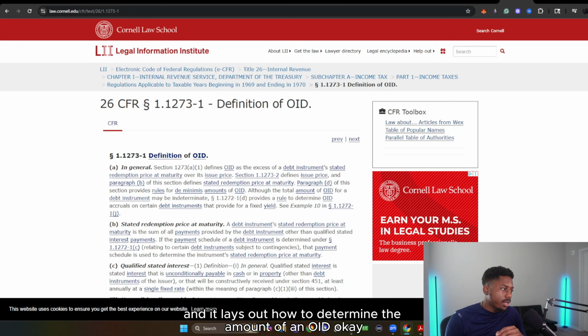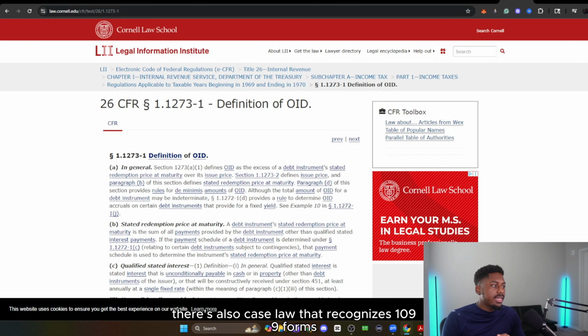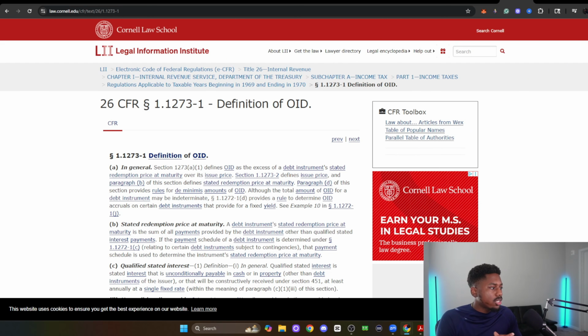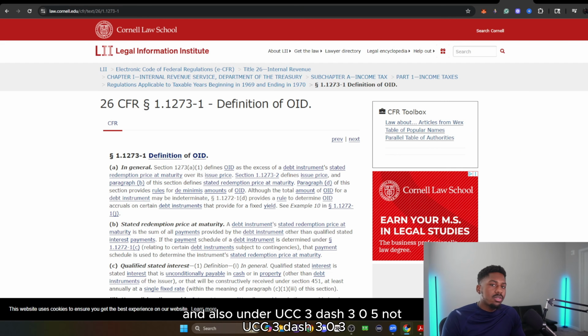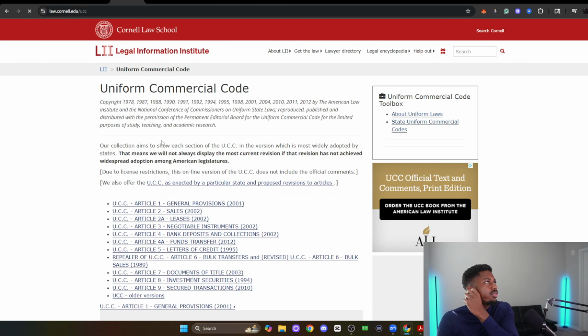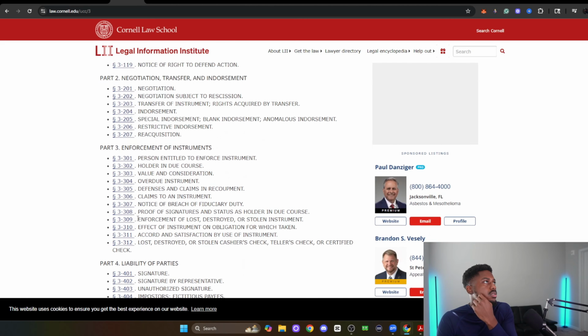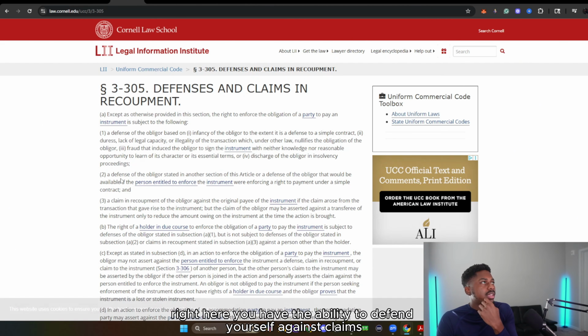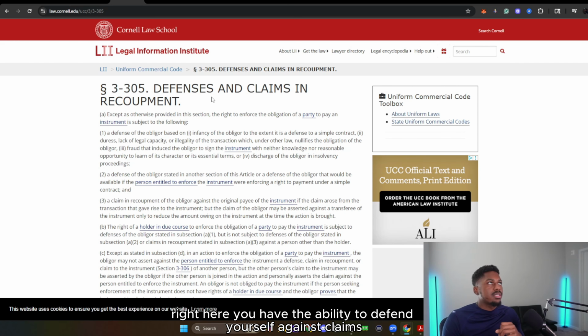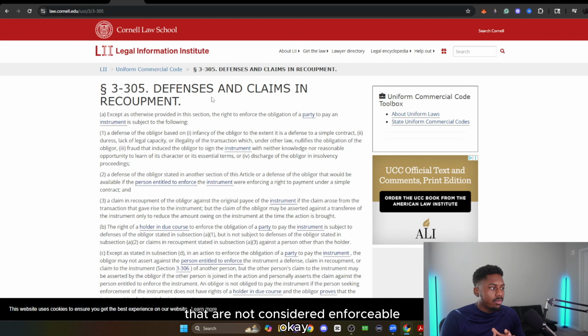OID. There's also case law that recognizes 1099 forms as admissible evidence when unchallenged, especially if the counterparty fails to rebut them. And also under UCC 3-305, not UCC 3-303, UCC 3-305, you have the ability to defend yourself against claims that are not enforceable.